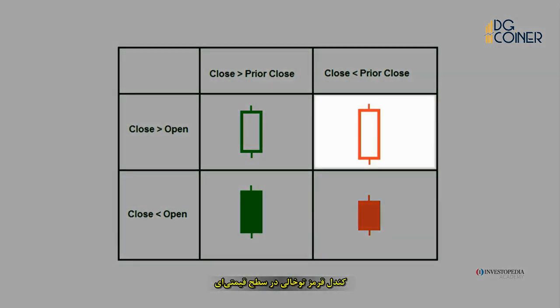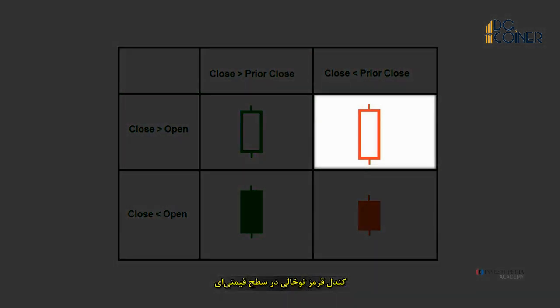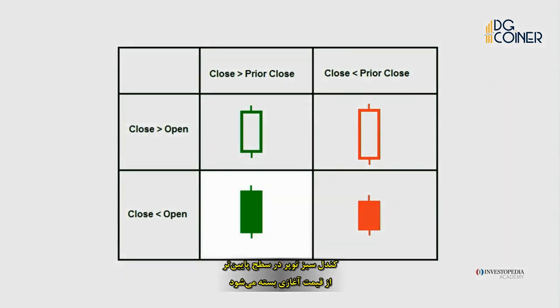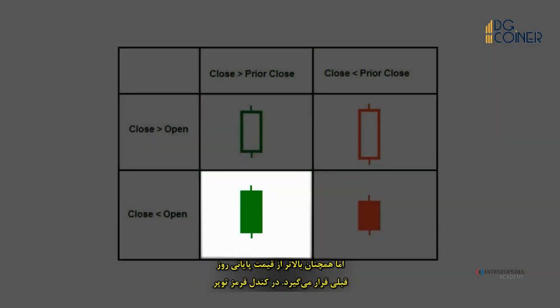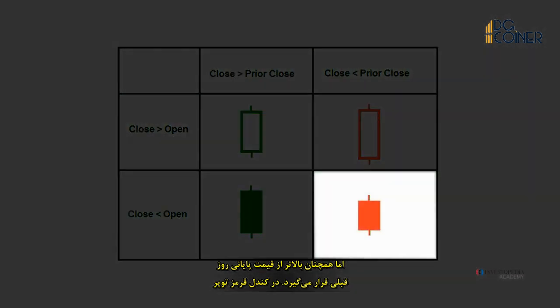The red hollow candle is going to close above the opening price, but below the prior day's close. The green filled candle is going to close below the open, but still above the prior day's close. And the red filled candle is going to close below the open as well as below the prior day's close.